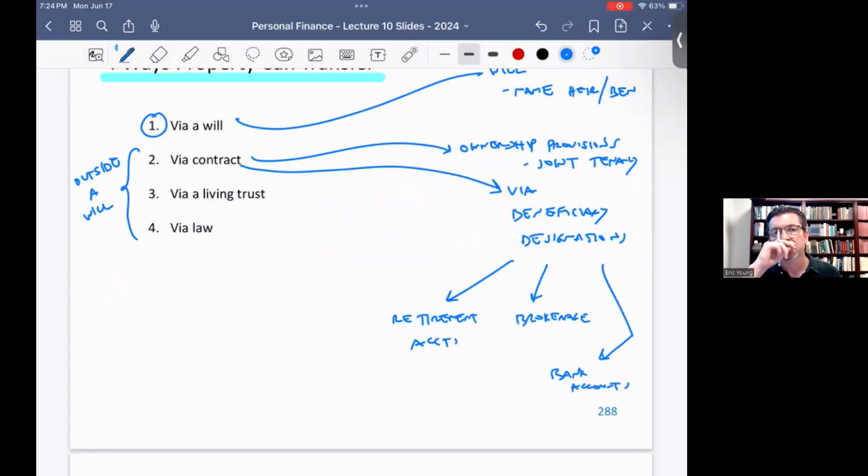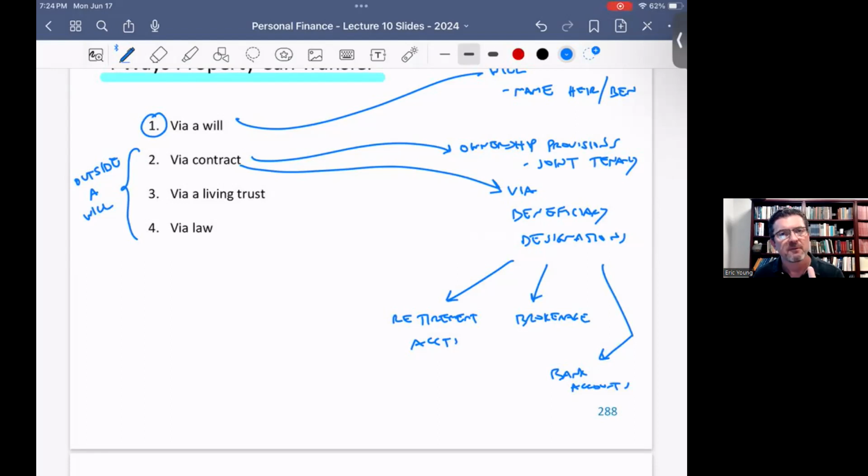It works like this. Suppose that you have a 401k account, so you set it up. What you do when you set up your 401k account, and every retirement account has this, you just have to look for it, you set up a beneficiary designation. The beneficiary designation effectively says who gets the account when you die.